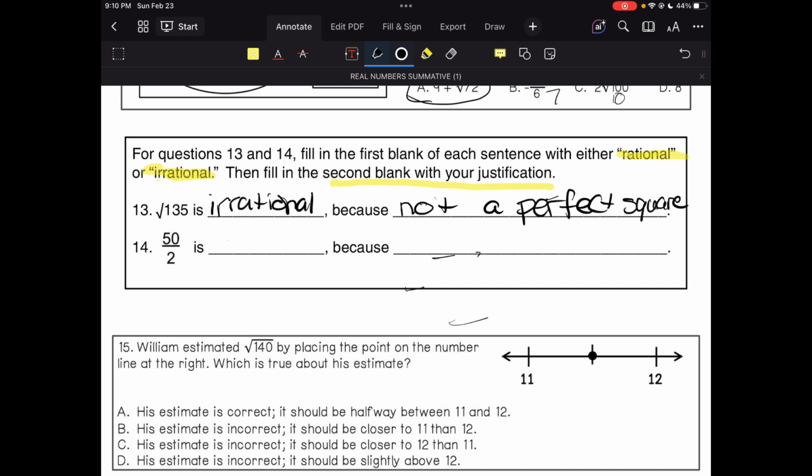In this case, 50 over 2 does in fact equal 25, so it is rational because it's a whole number. You could have said because it's a fraction, it can be written as a fraction. I accepted all of those answers.